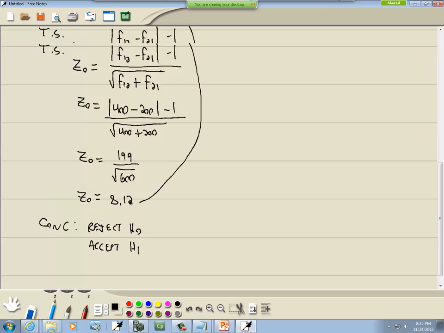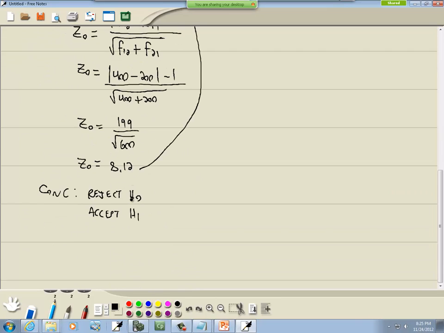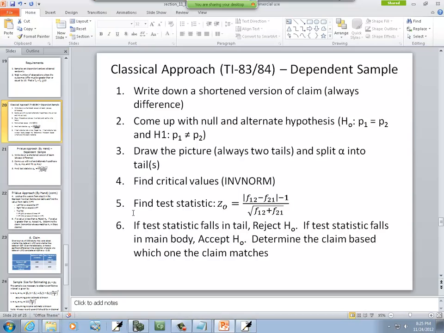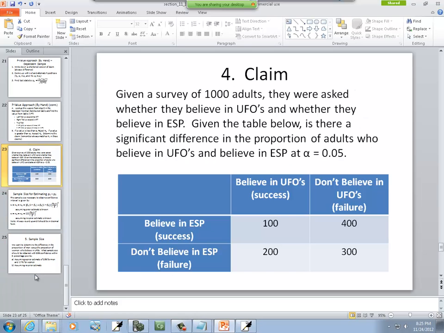And I think our claim matched H1. It always does for these problems. So that means we'll accept our claim. And I'll come back to that, but is there a significant difference in the proportion of adults who believe in UFOs and the ones who believe in ESP? And the answer there would be yes. Yes, there is. So we accepted that.